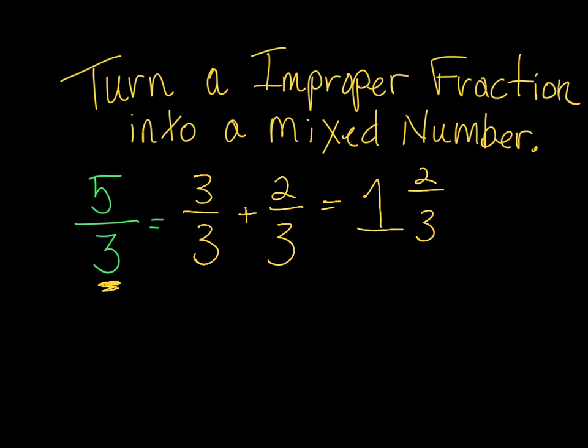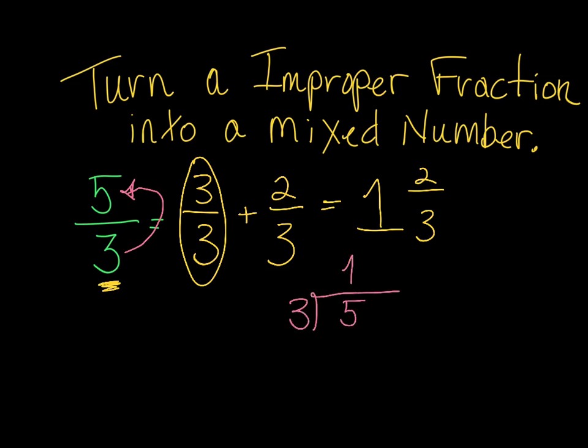Because there's our whole. We don't have enough to make another whole, because that would be 6/3, and we only have 5/3. So what if I wanted to show you the other way of solving this problem? Well, we could take the 3 and divide it into the 5 to find the mixed number. So 3 goes into 5 how many times? Once. 1 times 3 is 3.